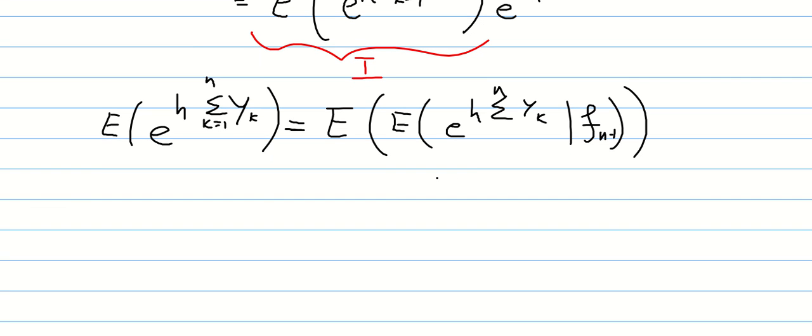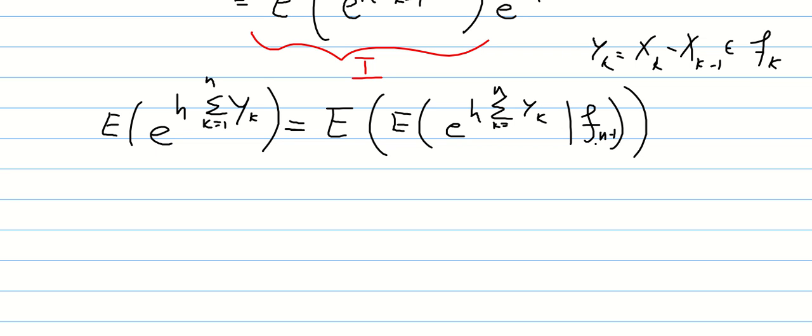Okay. Now, all of these terms break into a product, but several of them are going to be measurable with respect to F_{n-1}, because yk is xk minus x_{k-1}, and both are measurable with respect to Fk.